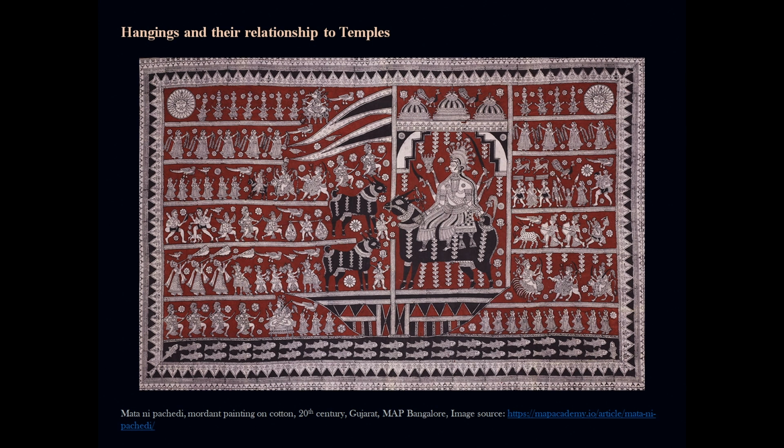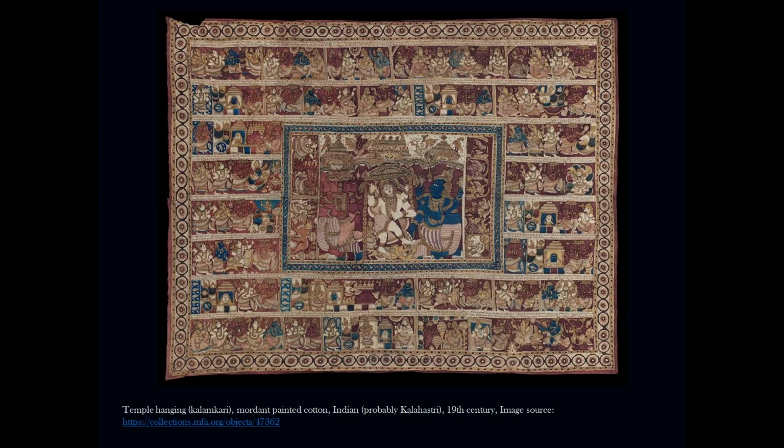So this is how different aspects of Matani pachedi making have figured and continued in Gujarat. And when we see how this is different in southern India, the making of figurative narrative temple hangings is closely associated with Brahminical Hindu temples.